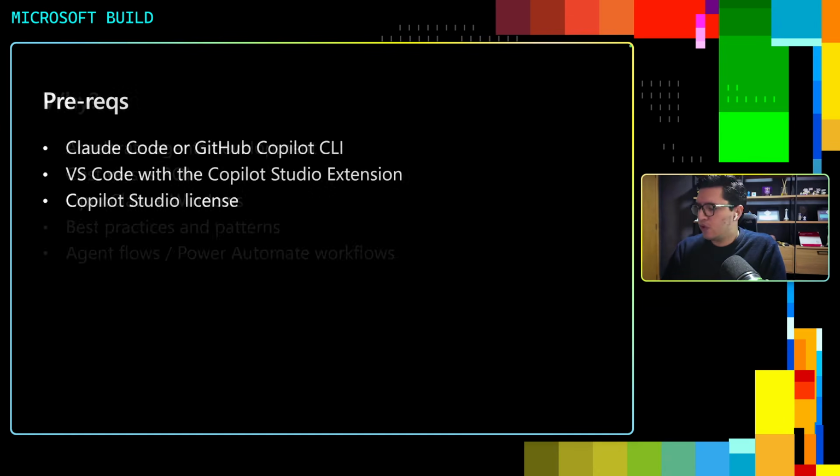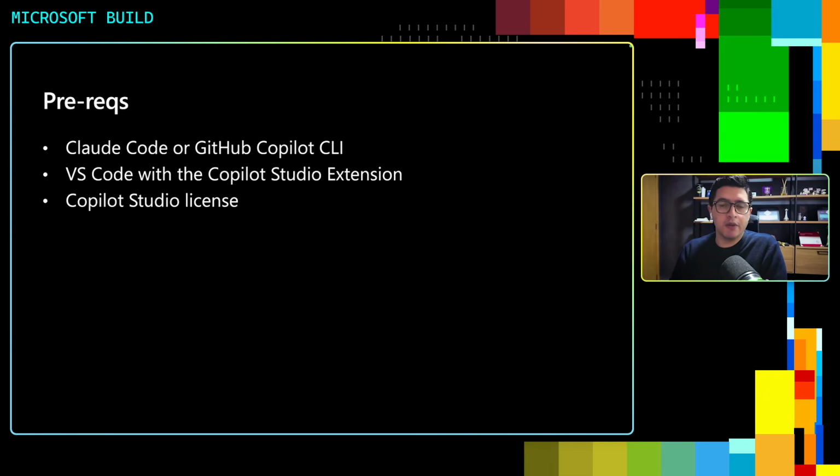So, prerequisites to start using Claude Code and Copilot Studio. First of all, you need to have a Claude Code license or GitHub Copilot CLI. Both are working well. You need to have VS Code, with the Visual Studio Code extension called Copilot Studio extension. This is available for you in VS Code.